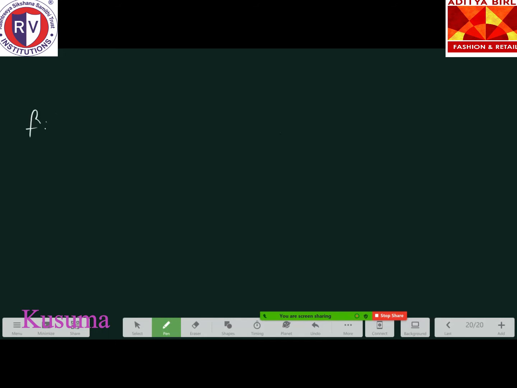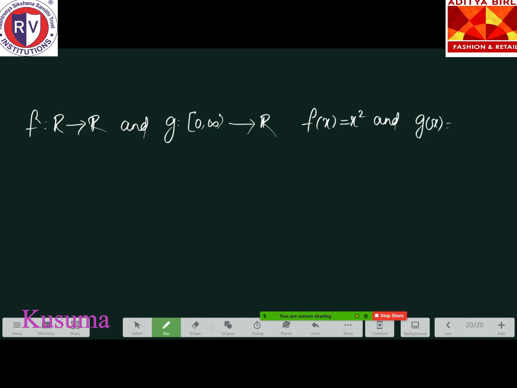Let f be a function from the set of real numbers to the set of real numbers, and g is a function which is defined from the interval 0 to infinity to the set of real numbers, which are defined by f of x is equal to x square and g of x is equal to root x.